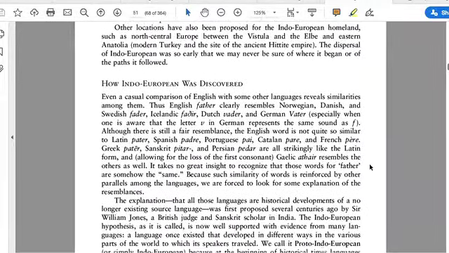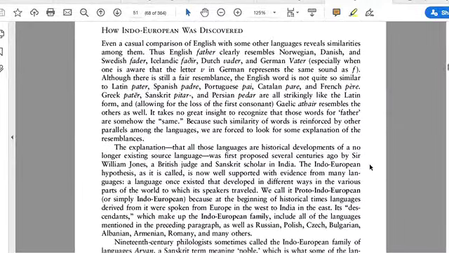To keep reading, it talks a little bit about how we discovered Indo-European languages, how we know that they're related and come from the same family. This paragraph here focuses on only one example, the example of father, and it compares those cognates across a bunch of languages. I think that this chapter is pretty good in that it just focuses on really specific, small examples.